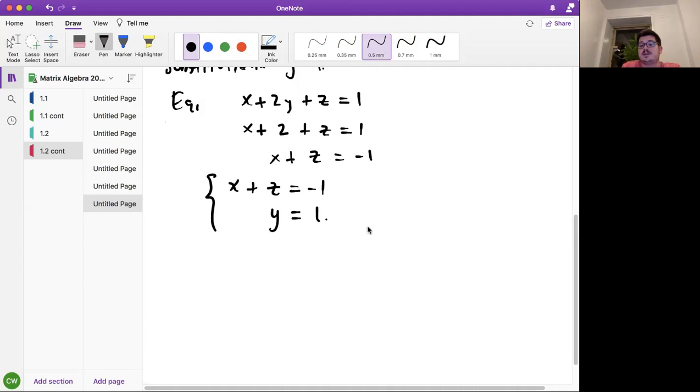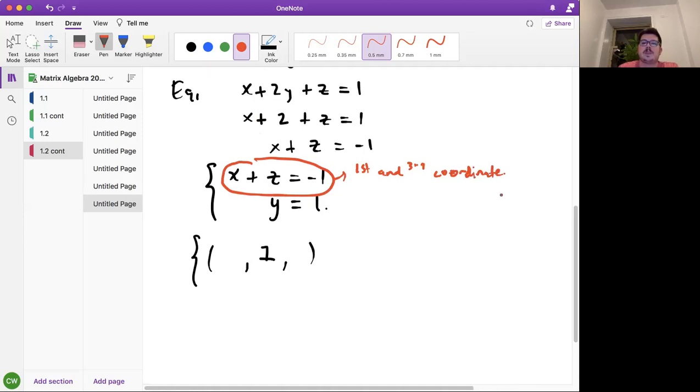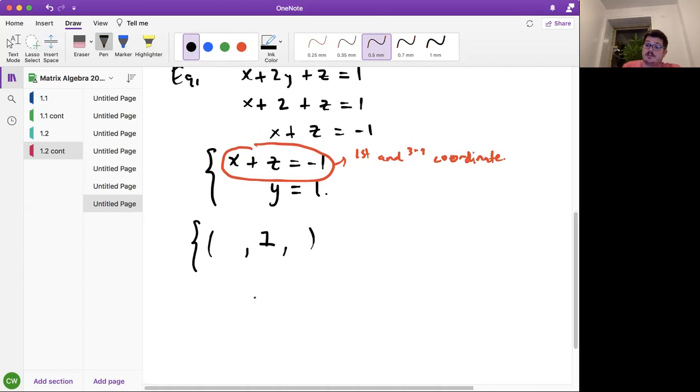So in our solution system, the second coordinate always has to be 1, right? But now in the first and third coordinates, there is a restriction. So let's think about free variables.